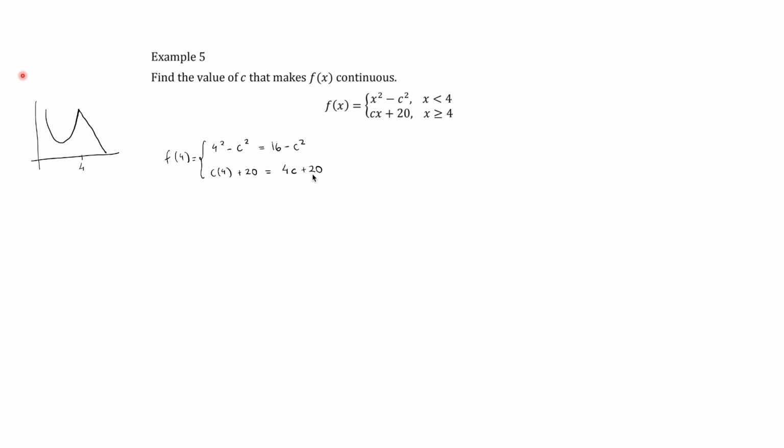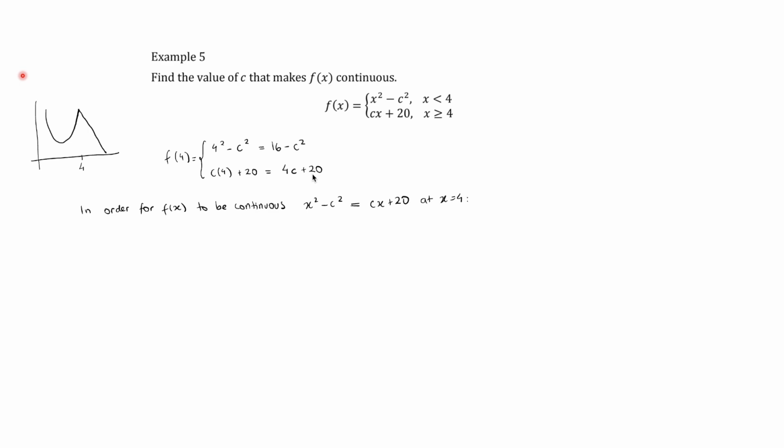In order for f of x to be continuous, x squared minus c squared needs to be equal to cx plus 20 at x equal to 4.